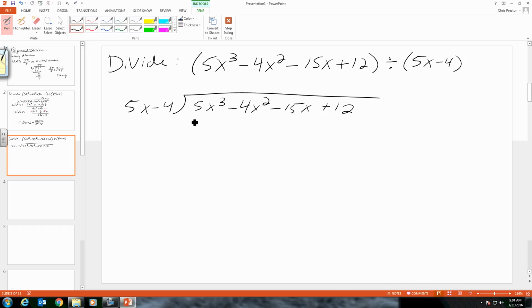Plus 12. Okay, so what do I need to multiply 5x by to get 5x cubed? x squared. So x squared times 5x minus 4. That gives us 5x cubed minus 4x squared. Change the signs.